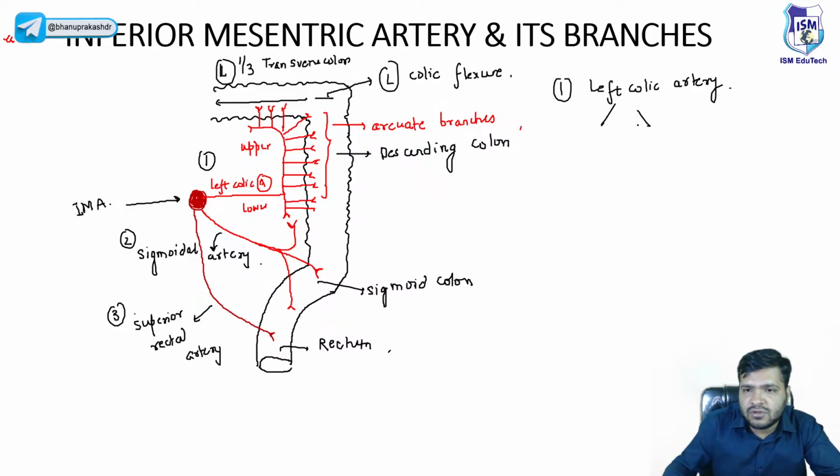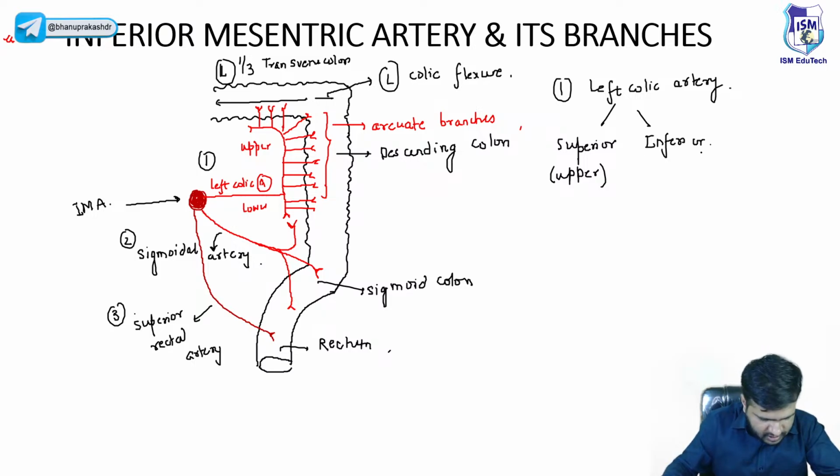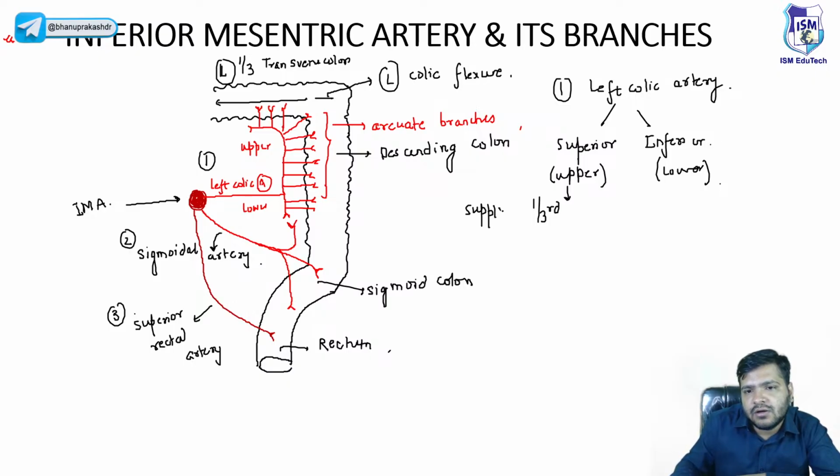If we talk about the superior branch, it divides into the upper part, and we have the lower part, that is the inferior part. The superior one, beta, supplies one third of the transverse colon and the upper part of the descending colon.